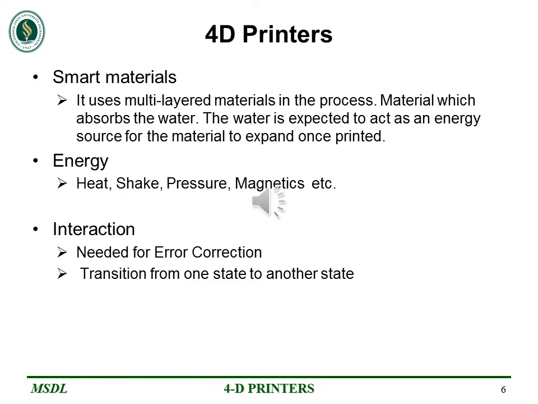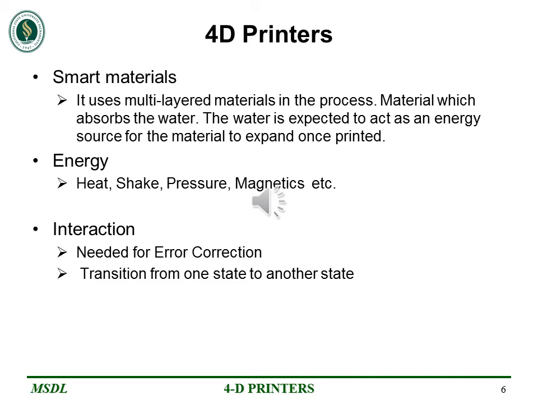This 4D printer technology uses multi-layered material in the process. This is material which can absorb water and can expand or contract itself. The water is expected to act as an energy source for the material to expand once printed.